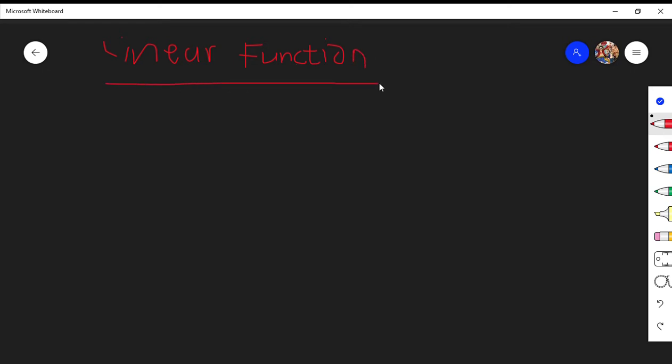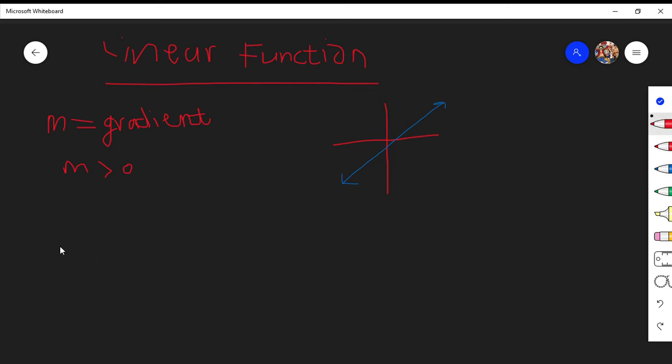Okay, so with the linear function, we know that if m, which represents the gradient, is greater than 0, our function will look something like this. Okay, so it will be an increasing function.